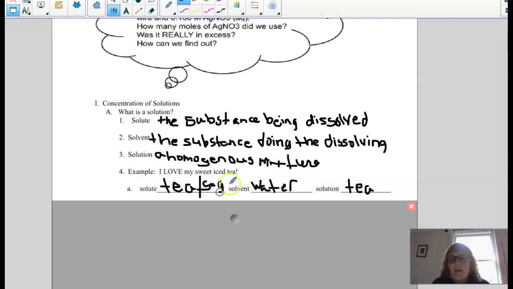That's what's getting dissolved. The water is the solvent, and that is what's doing the dissolving, and the solution is your tea and water. So that's pretty simple.